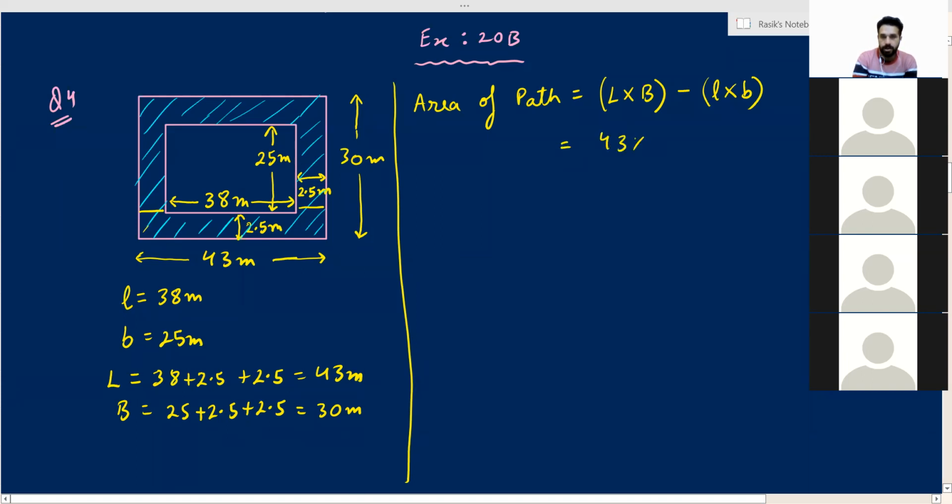So 43 into 30 minus 38 into 25. 43 into 30 is 1290, minus 38 into 25 is 950. So 1290 minus 950 is 340 meters square. This is the area of the path. Any doubt? Please check my calculations. They could be wrong.